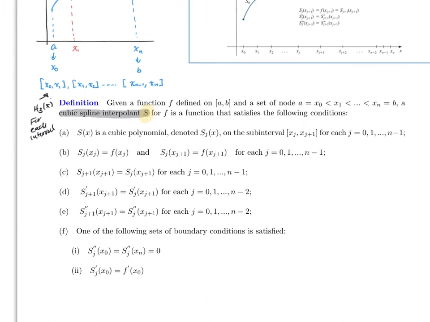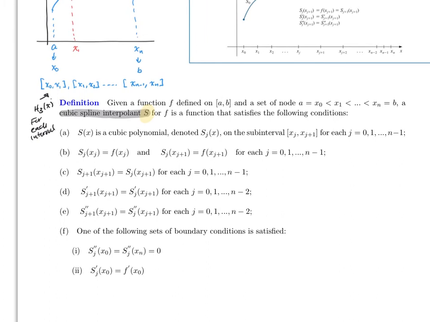Now in order to get S, it has a bunch of conditions that you have to satisfy. So here we have all of them. The first one, or part A, I already mentioned it. So S of x will be a cubic polynomial, and each Sj on the interval xj to xj plus 1 will also be a cubic polynomial.